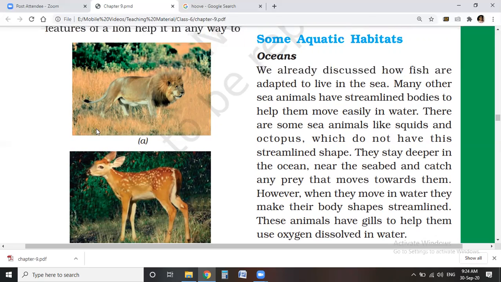So the deer has eyes on both sides of the head, which help it to see in both directions to protect itself from the predator, the lion.